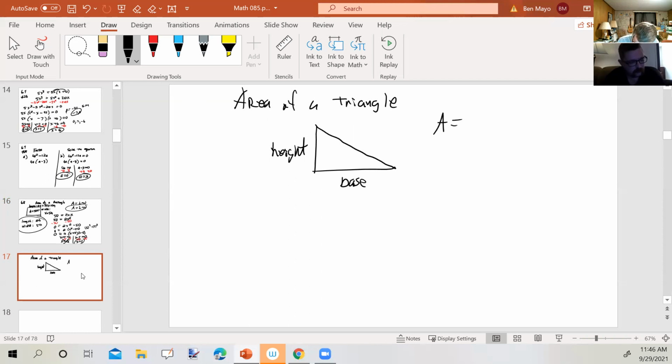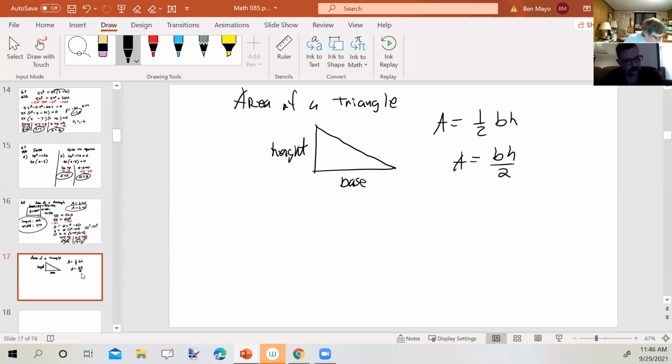The area of a triangle is 1/2 the base times the height, or sometimes people write it like this, which is basically the same thing. Any questions about the formula for the area of a triangle? Area equals 1/2 the base times the height.